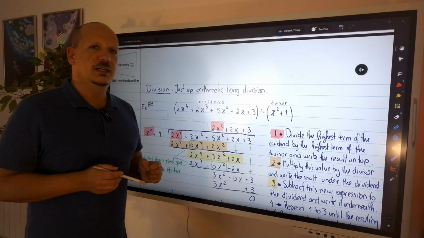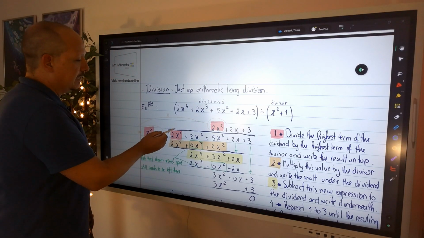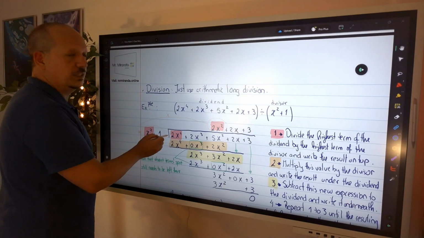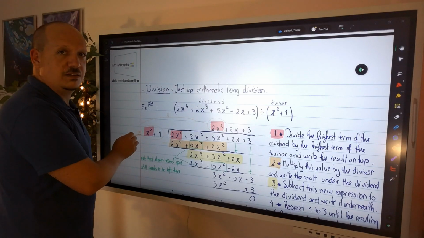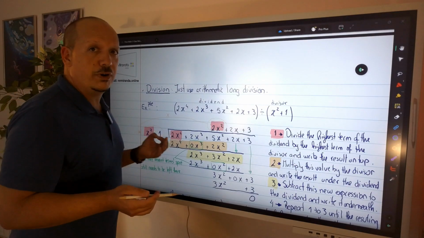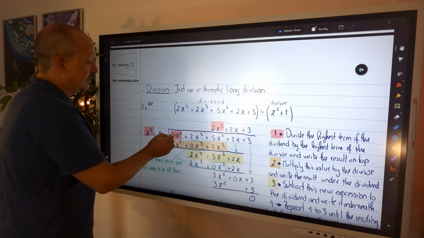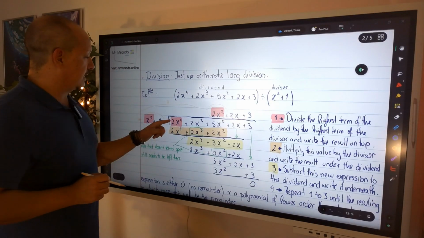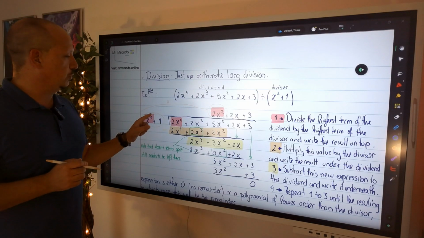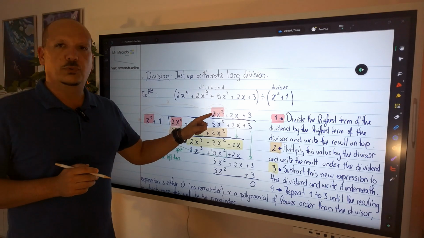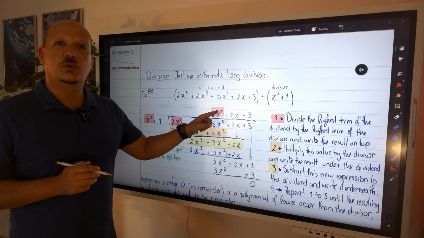What do you have to look at? You have to look at the highest term of the dividend and the highest term of the divisor. And then you just do one very simple thing. You divide this by that. So in this case, if you have 2x to the power of 4 divided by x squared, what do you end up with? You end up with that, 2x squared.